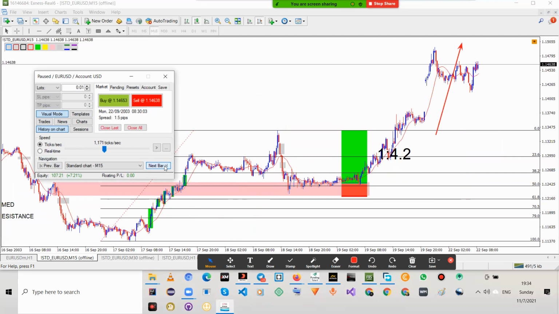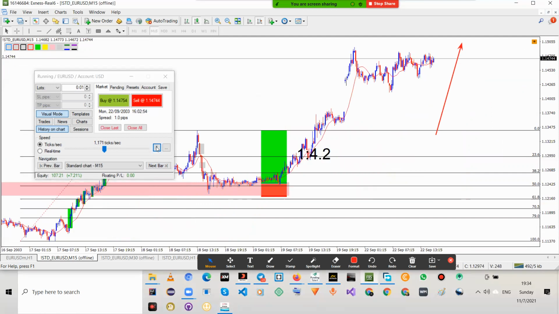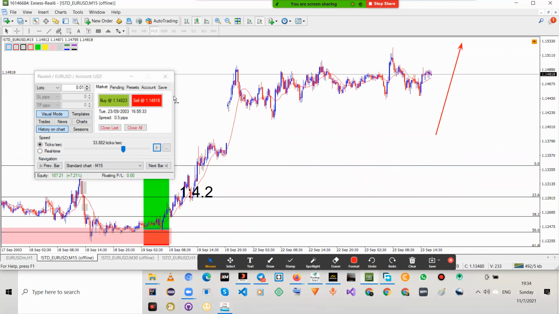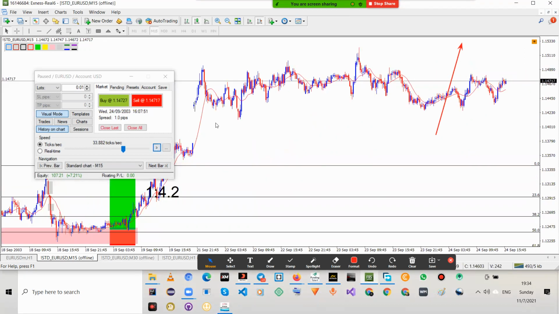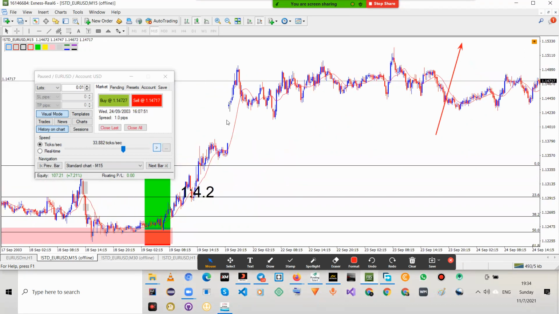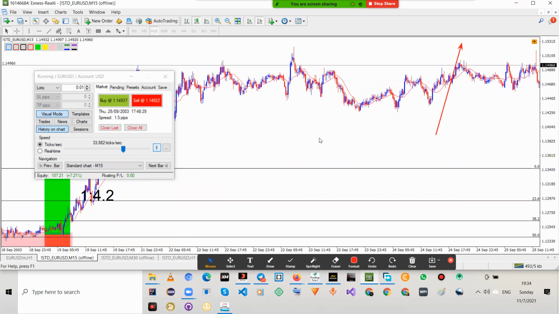As you can see, price is moving drastically. Let's increase some speed on it. Price is moving crazy, guys.